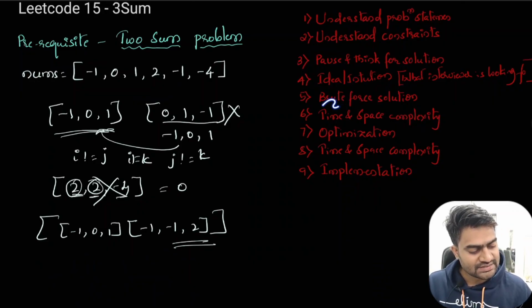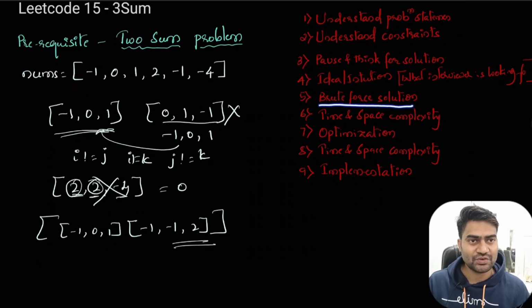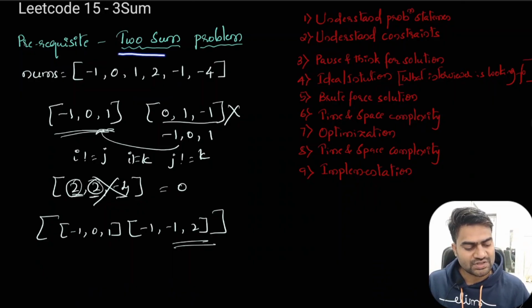With that, let us start with the brute force solution. What is the extreme brute force solution for this one? It clearly states that we will have to combine three numbers, sum up three numbers, and if the sum is 0, we return that triplet. Before proceeding, there is a prerequisite for this problem, which is the two-sum problem.